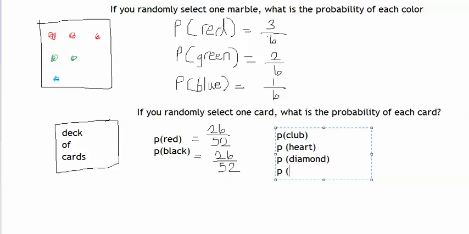There's 13 of each suit in the deck, so each of these is going to be 13 over 52. Notice how some of these would reduce, like the 26 over 52 would reduce to 1/2. This would reduce to 1/4.